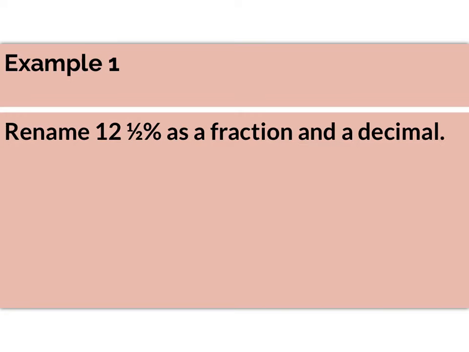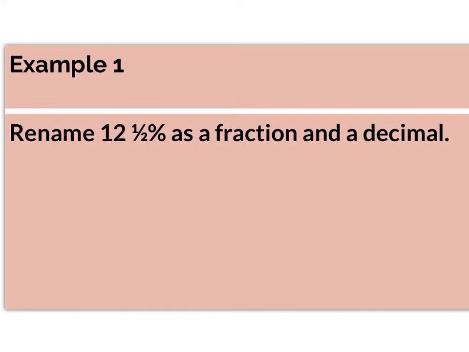Okay, so we want to rename 12.5% as a fraction and a decimal. So you get 12 and 1/2 over 100, basically. Now you've got a fraction within a fraction. You get 12.5 over 100.